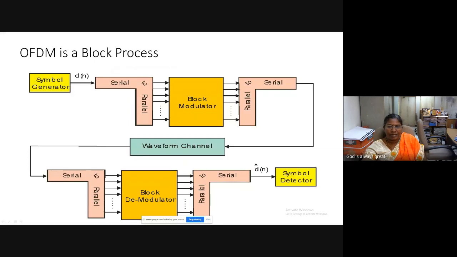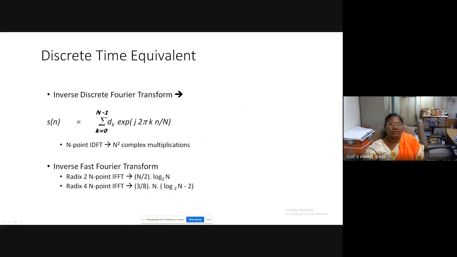The psi k of t is here. From where do we get the psi k of t? You can easily get it by using the discrete time equivalent functions. The IDFT, inverse discrete Fourier transform, is written as the sum from k equal to 0 to N minus 1 of Dk e power j 2 pi kn by N. This is your IDFT equivalent.